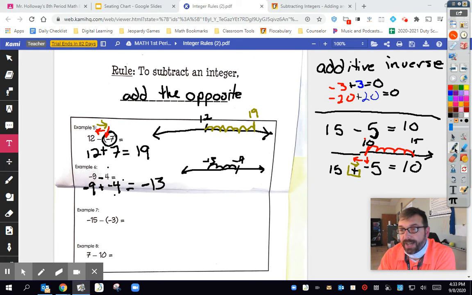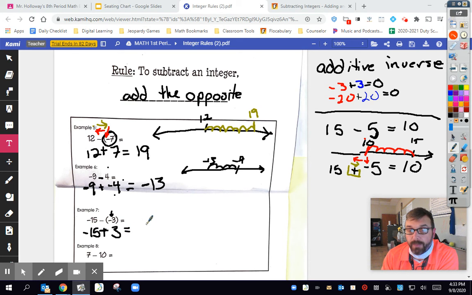All right, let's try example 7. This is where we're going to have some fun. So we're going to keep the first symbol, -15. Now I'm going to add the opposite. So my minus turns into a plus. The opposite of -3 is a +3. Well, I have rules for addition. These are different signs. Because they are different signs, I'm going to subtract. So the absolute value of -15 is 15.